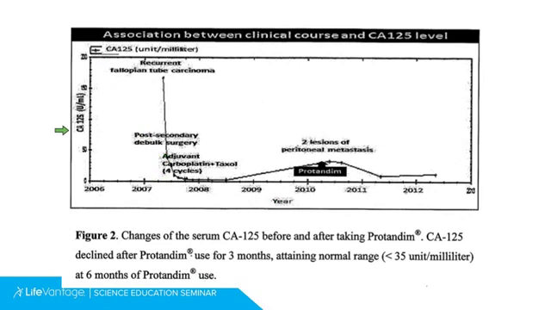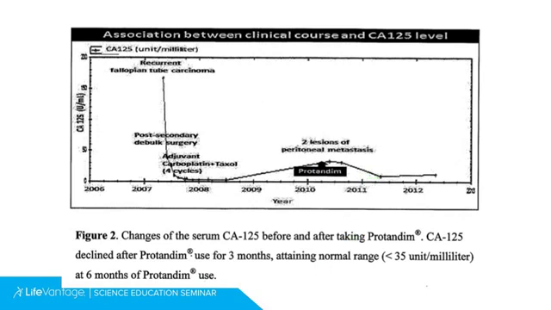This is the CA-125. It's a blood marker of cancer activity with ovarian cancer. And it went down to almost zero. And then the CA-125 level started going up. They found some mets in her abdomen, some metastases. They recommended a repeat chemotherapy. She didn't want to do that. She took Protandim instead, and her CA-125 levels came back down.